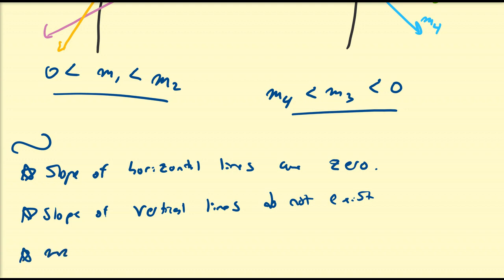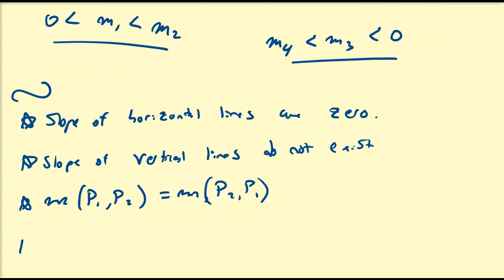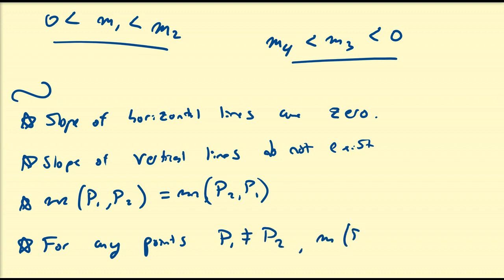The slope between point 1 and point 2 is equal to the slope between point 2 and point 1. And also another property that you may also know by observation: for any points P1 not equal to P2, the slope between point 1 and point 2 is a unique number.